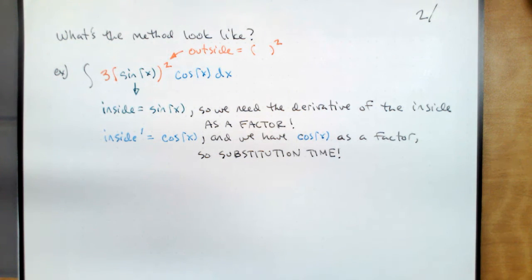Notice there are three things that we had to identify. An inside, the derivative of the inside, and the outside. What has the inside been plugged into? Do we have the derivative of the inside as a factor? That is what makes substitution go.